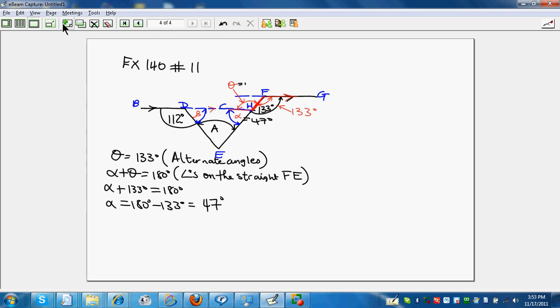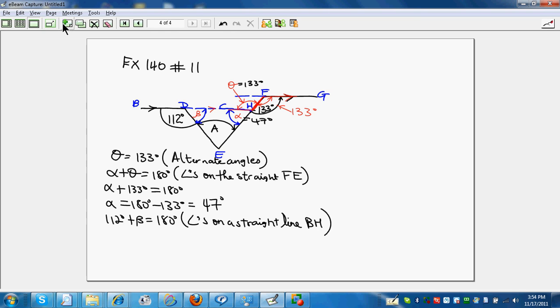So alpha is equal to 47 degrees, and we have theta equal to 133, that's what we got before. Beta now, let us find what beta is. 112 degrees plus beta must be equal to 180 degrees, again because these are angles on a straight line. And the straight line that we are talking about in this case would be the line BH.